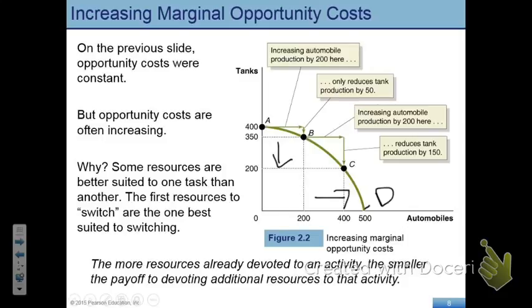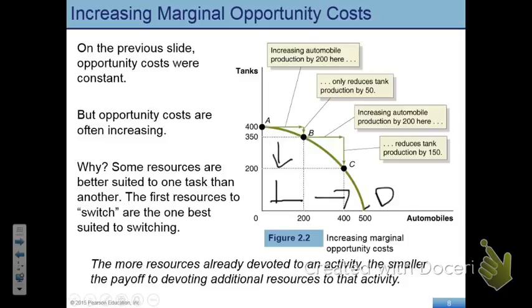It's not 1/4. So you are gaining 200 automobiles and giving up 50 tanks, right? So the opportunity cost of one automobile is how much? How many tanks? It has to be less than one, right? Isn't that true? You give up 50 tanks, you gain 200 automobiles, right?